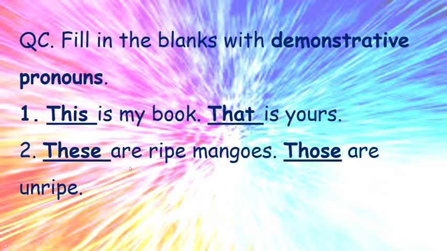Next, these are ripe mangoes. Again, we assume that when we want to talk about nearby objects, it should be these. Those are unripe. The opposite of these is those. Next we have number 3.